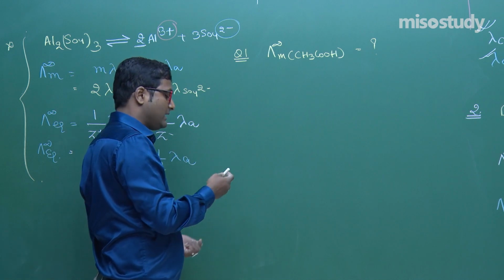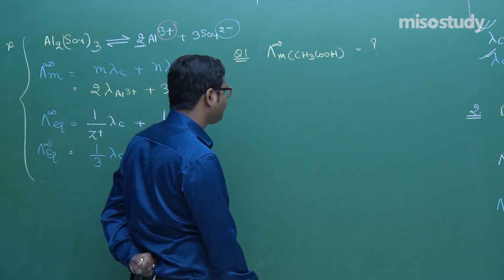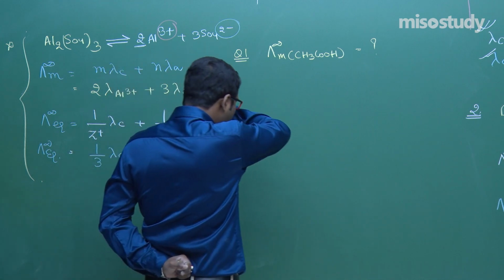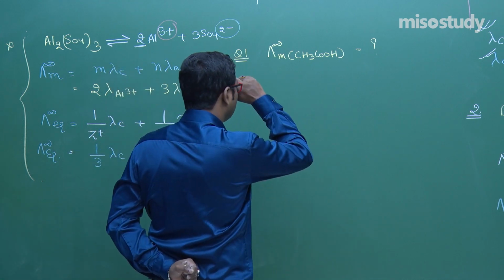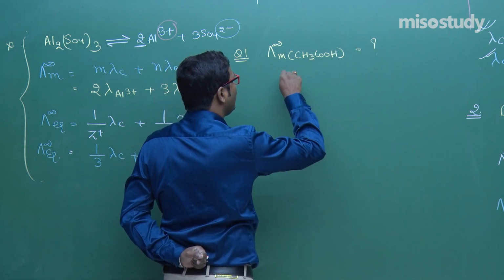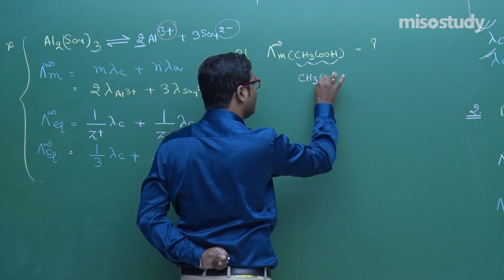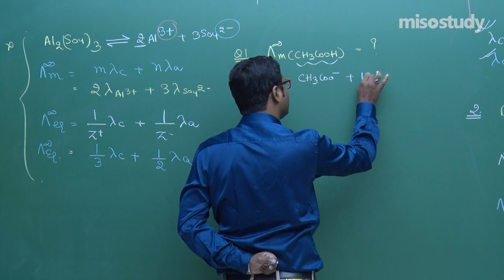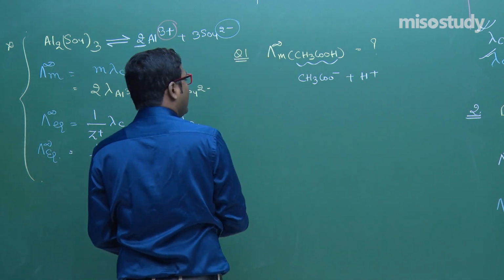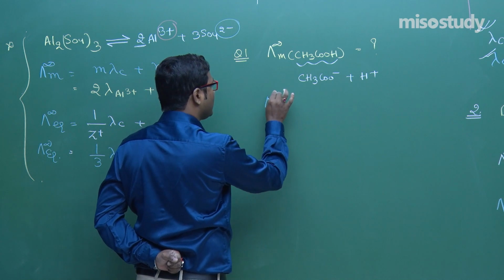Molar conductivity at infinite dilution of CH3COOH. It will dissociate like this, into CH3COO- and H+. Clear to you?